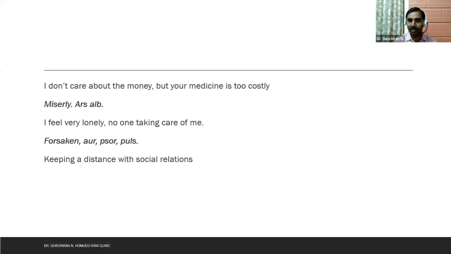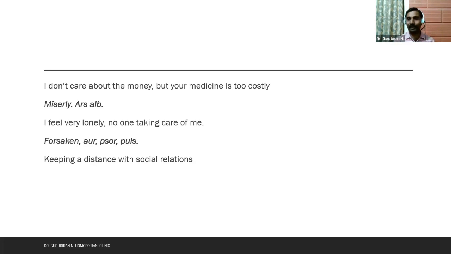Keeping a distance with social relations. Now it is easier to recognize this. How? Can somebody tell me? I think interaction will be better. It is very easy nowadays. Keeping a distance with social relations, how can we recognize this patient? Because we have Facebook, Twitter, Instagram, WhatsApp, all those things.